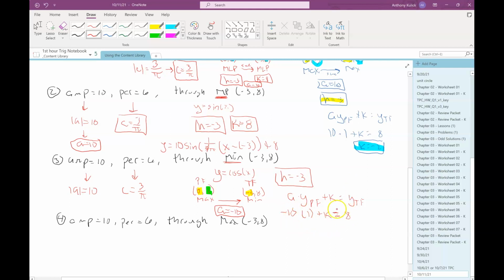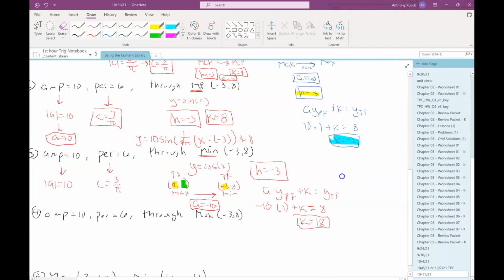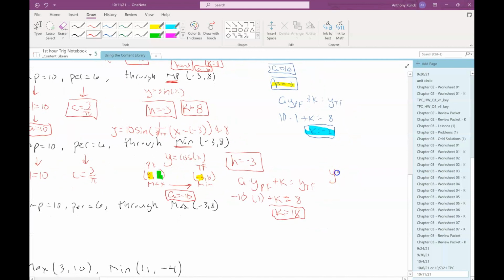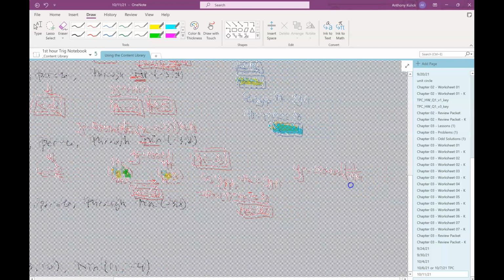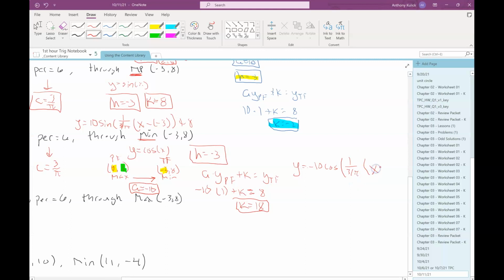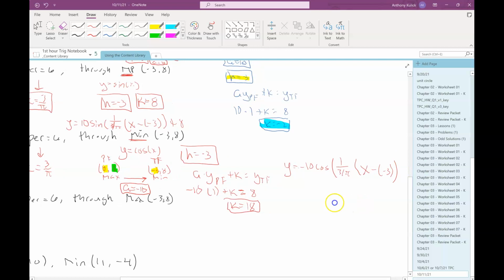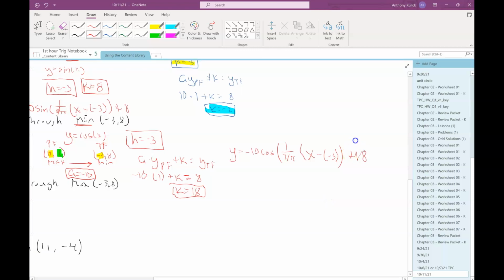So when I add 10 to both sides, I get that k is 18. And I would not do a sine one because that'll be even a little bit rougher.